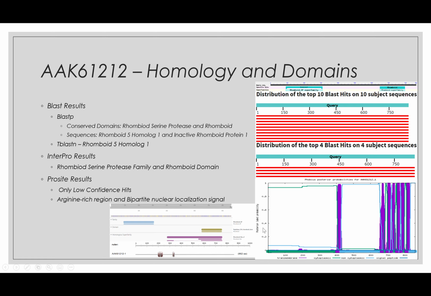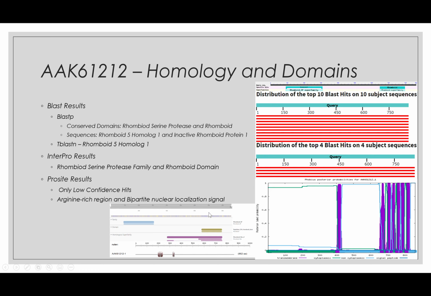It also did identify transmembrane regions, so I went ahead and did a Phobius analysis to double check. And as you can see, it does identify that the rhomboid domain consists of 6 transmembrane helices, which is what the rhomboid domain is typically composed of.